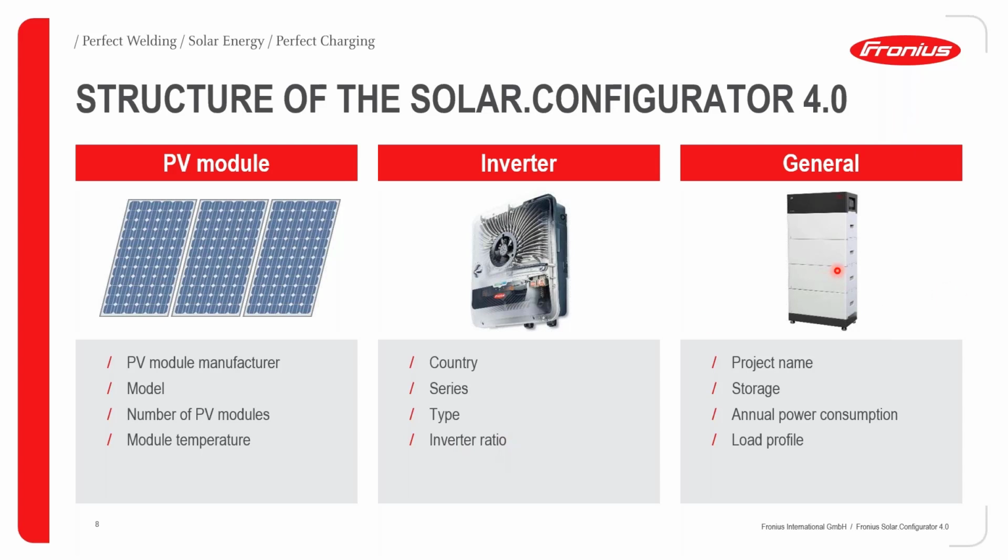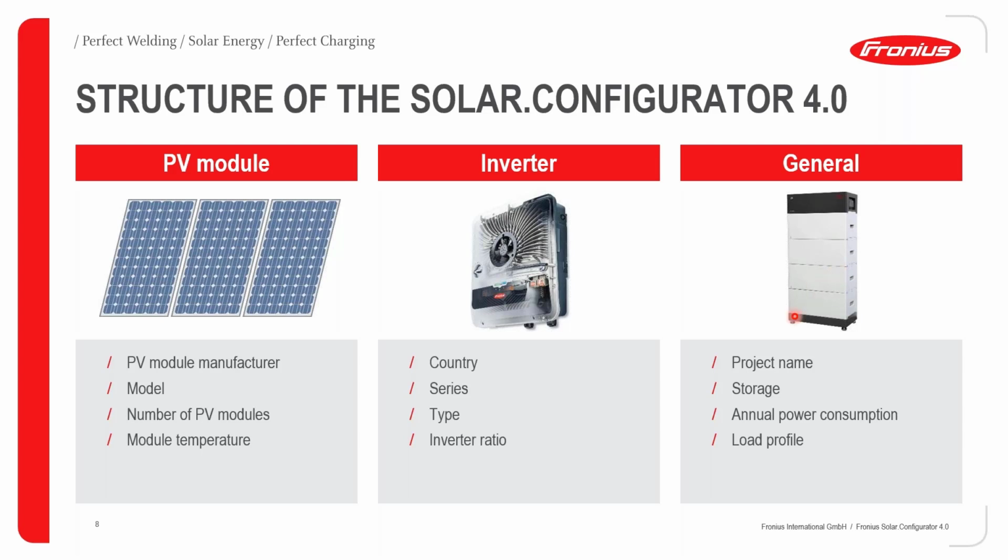You can also have a general tab, and under the general tab, this is where we can name the project. We can also specify the storage. Under storage, you will find the compatible Fronius batteries, such as the BYD high voltage premium battery.